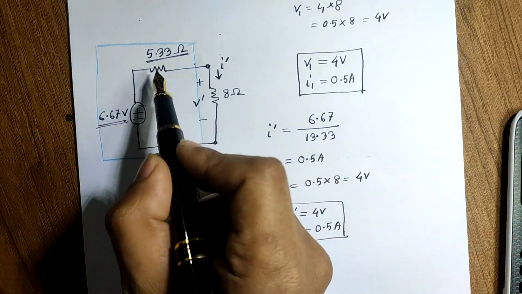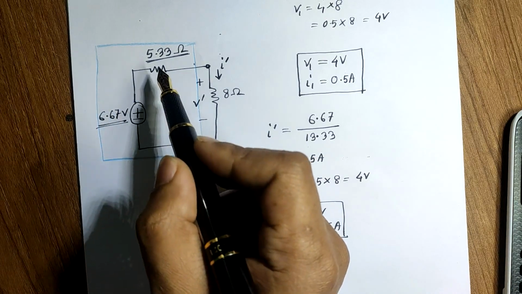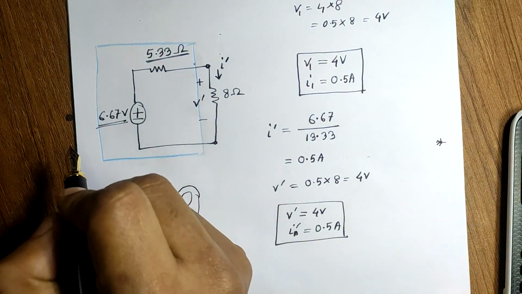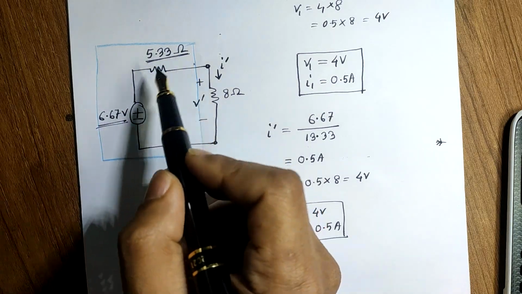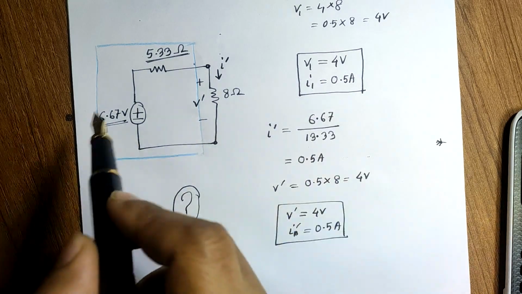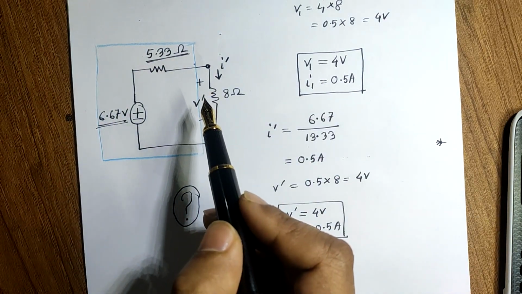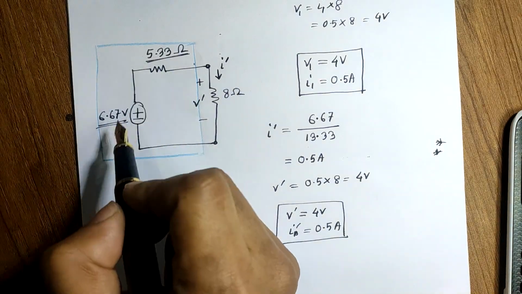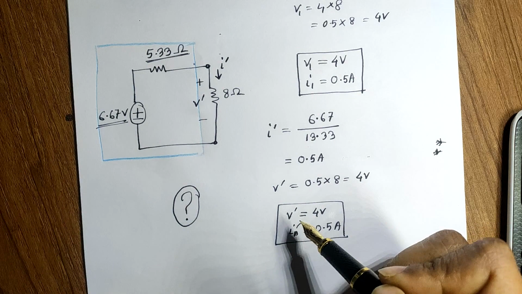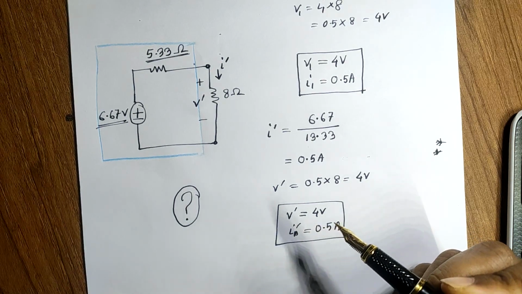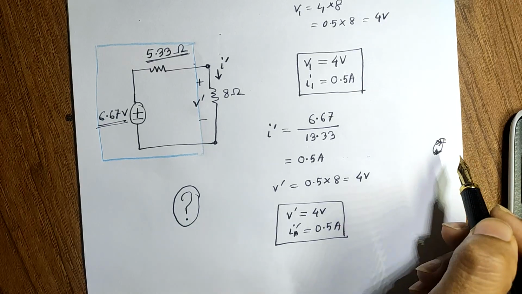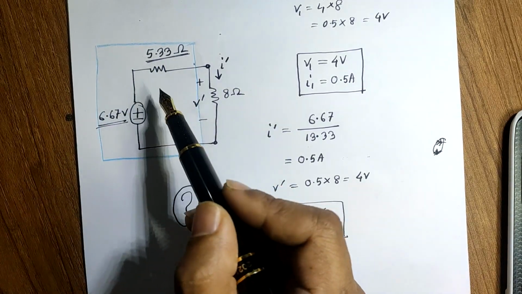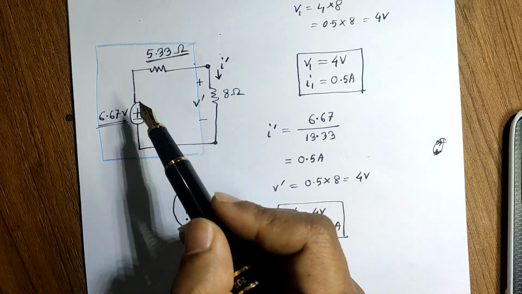Because if you try any other combination of voltage source and resistance here, it may or may not give you the exact same voltage and current that you obtained here, and it's not an iterative process, right?